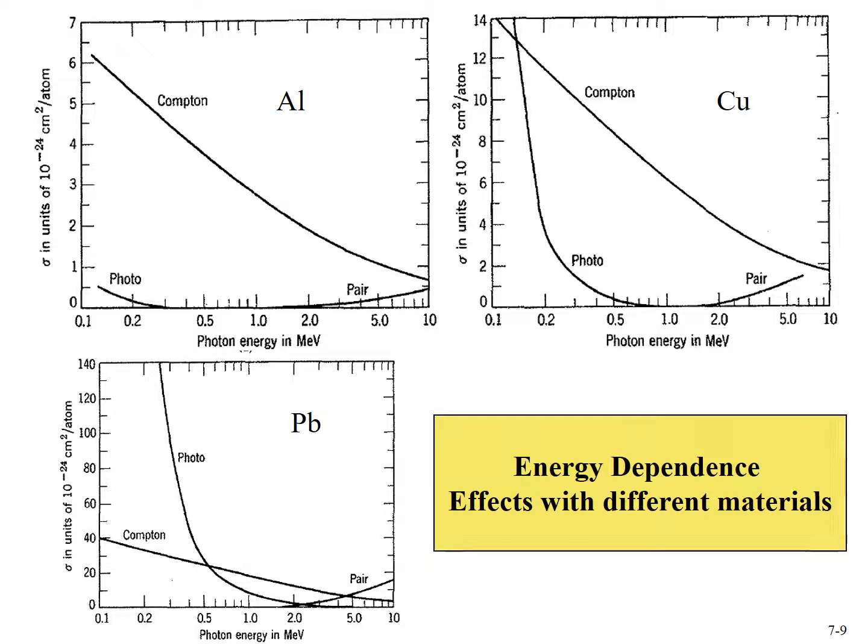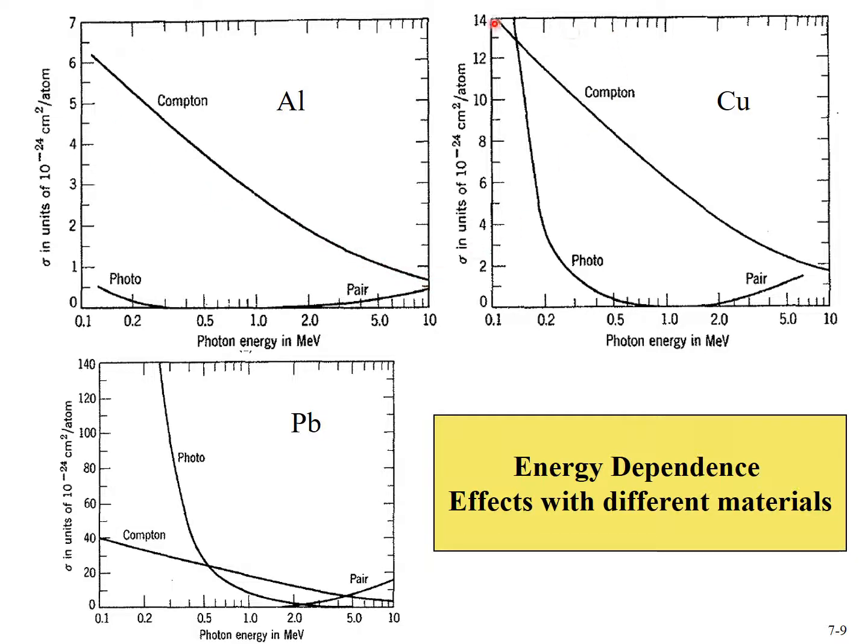Now here's an evaluation of interactions of photons with different matter: aluminum, copper, lead. We have cross sections versus energy. Some of the trends that we see here, these are all from 0.1 to 10 MeV. We see that for aluminum, the Compton effect is fairly dominant.